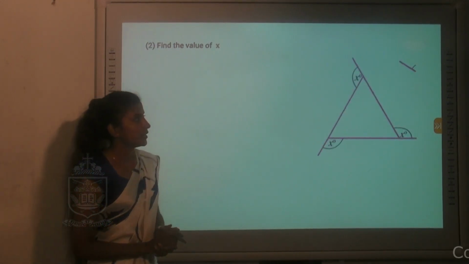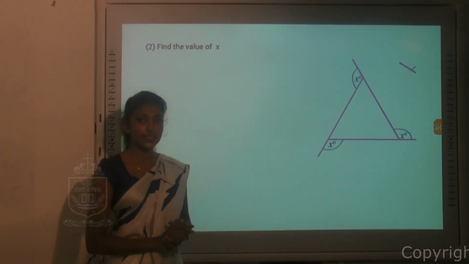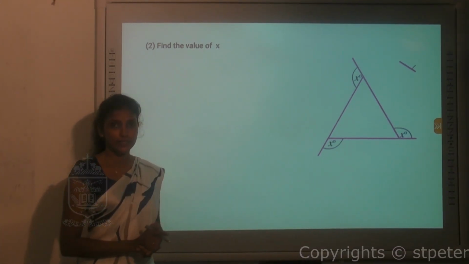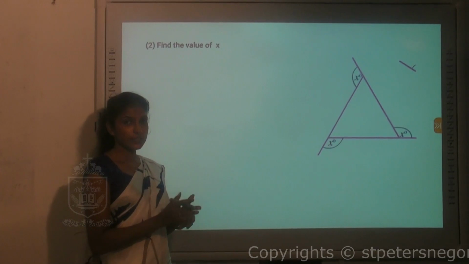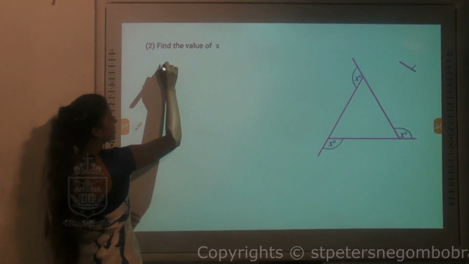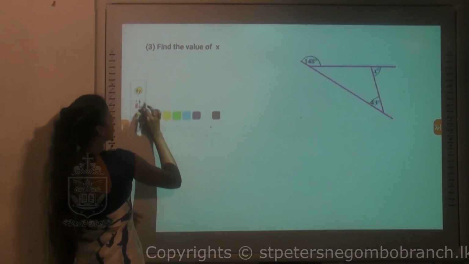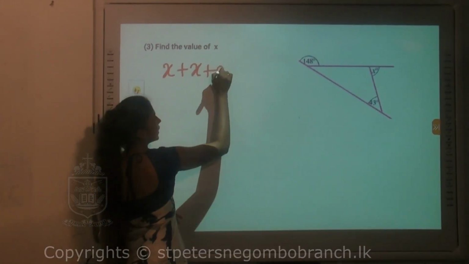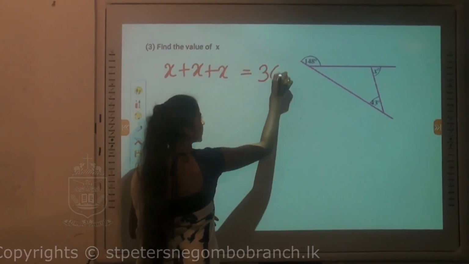Let me write another example here. Now you all can see the three exterior angles are having the same letter x, right? So in this also you all can add all the three exterior angles like this. All the three exterior angles can be added. X plus x plus x equal to 360 degrees.